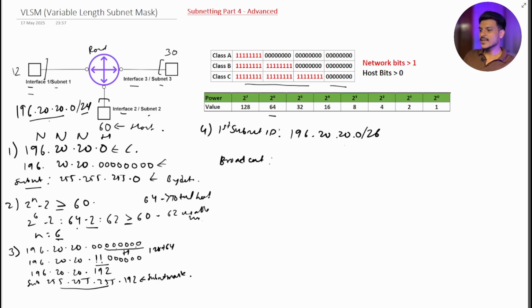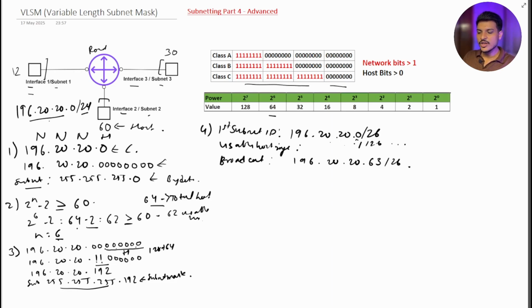As the total possible hosts were 64, including this 0, the 64th IP would be 196.20.20.63/26. So the usable host range will go from 196.20.20.1/26 till where?